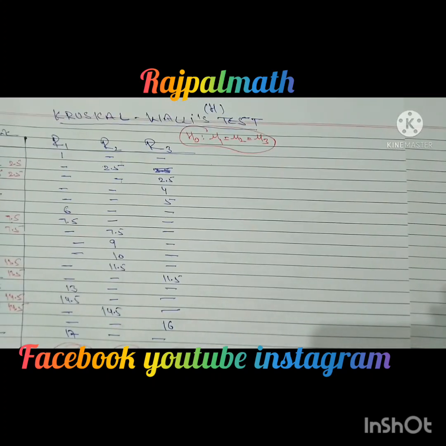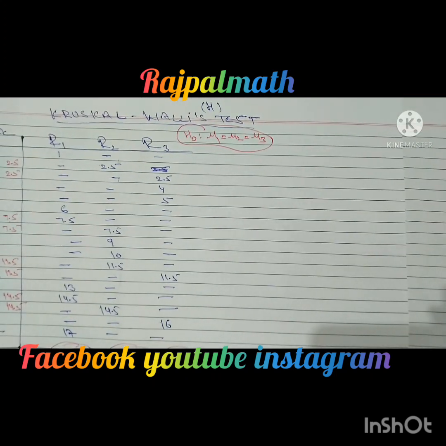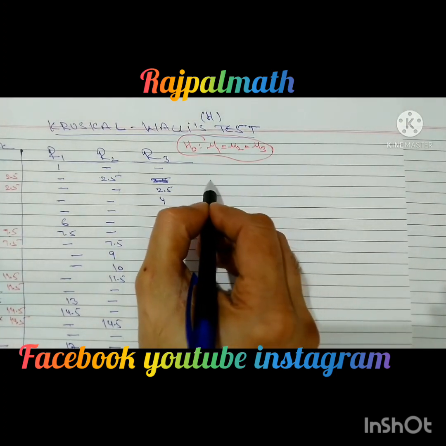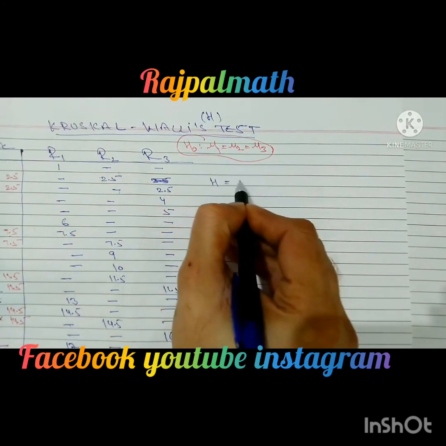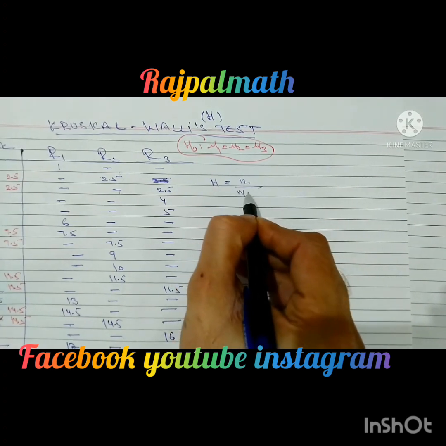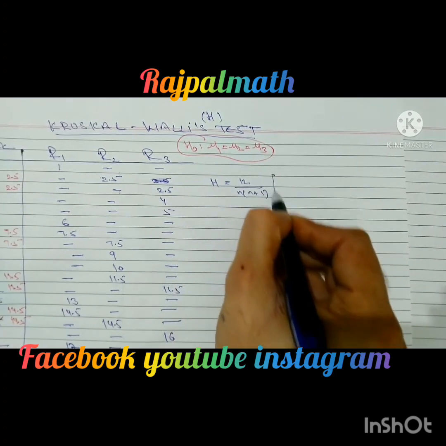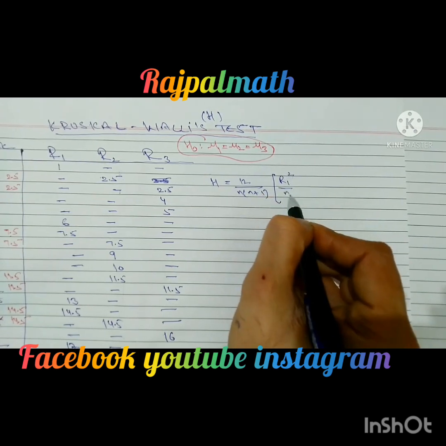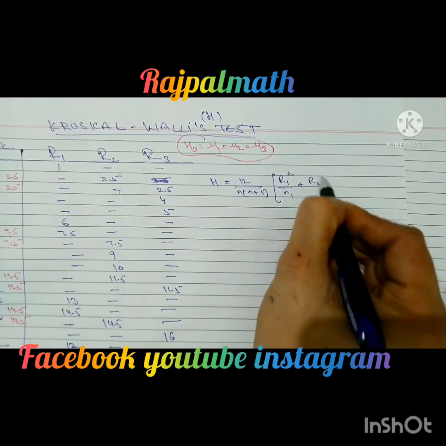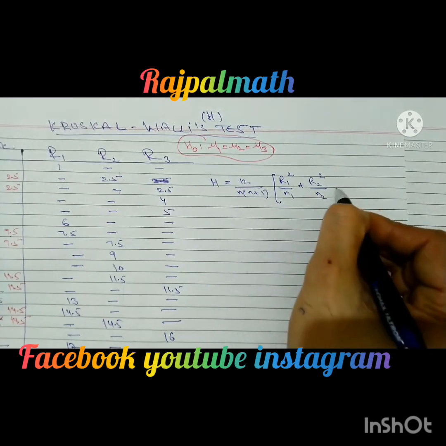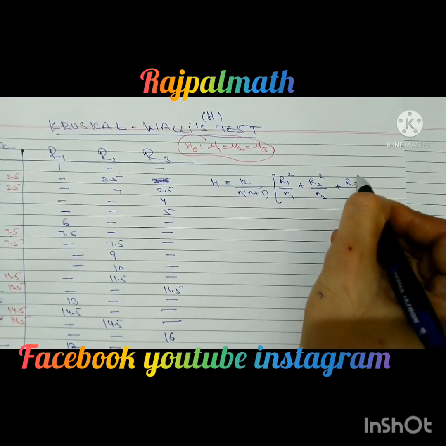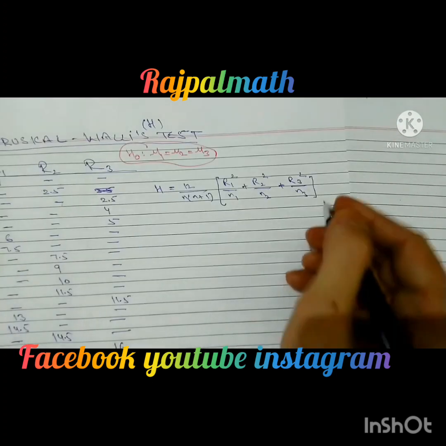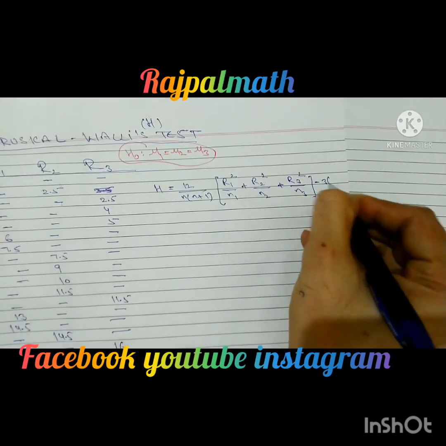Now calculate the H stat. For the Kruskal Wallis test, the formula for H is 12 by n into n plus 1, times R1 square by N1 plus R2 square by N2 plus R3 square by N3, minus 3 into n plus 1.